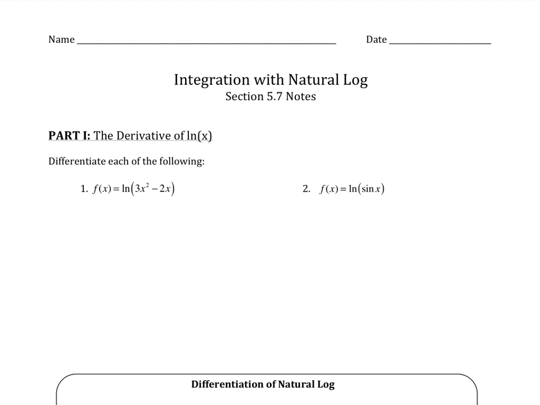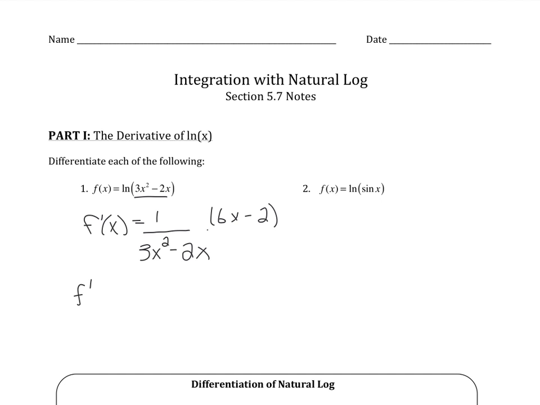In number 1, f prime will be the derivative of natural log whatever, 1 over that whatever. And then I have to apply chain rule, so I must chain on with multiplication the derivative of that inner function, which in this case would be 6x minus 2. And we'll just throw that in parentheses.